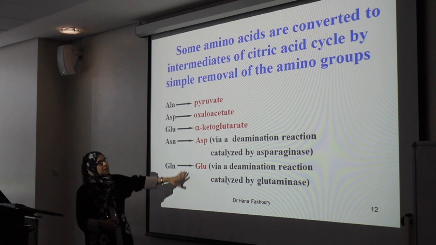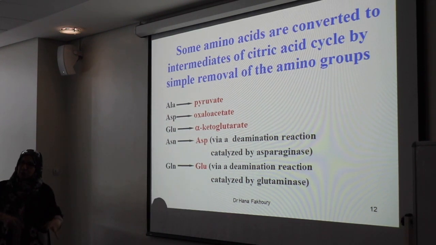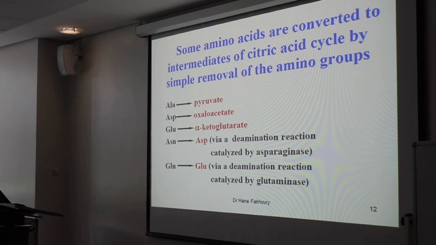Okay, but all of these share the same thing, and we go from the amino acid to the intermediate of the Krebs cycle or glycolysis by simple removal of the amino group, whether it is transamination or oxidative deamination or deamination by a special enzyme like asparaginase and glutaminase. Clear?